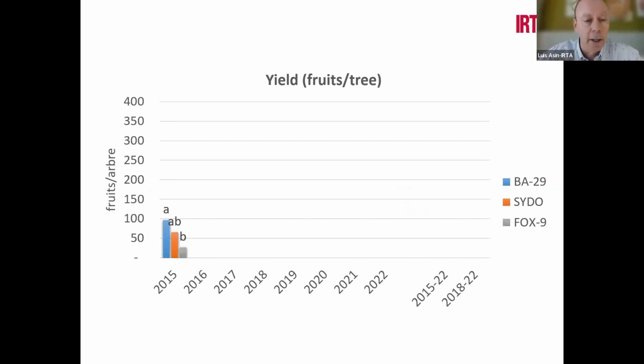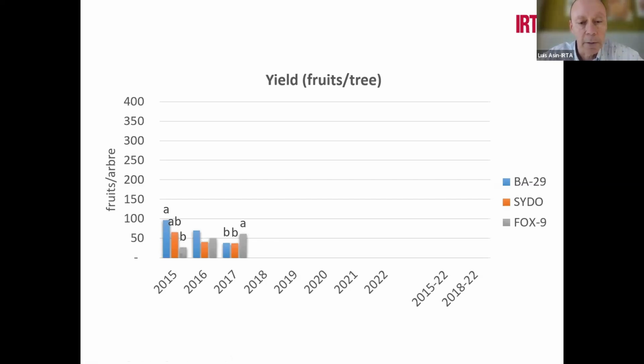You remember that in the first year, in 2015, VA29 and Sydo had similar performance in comparison with Fox 9, but right now you can see that Sydo is in an intermediate situation, 170-something and 25 fruits per tree.